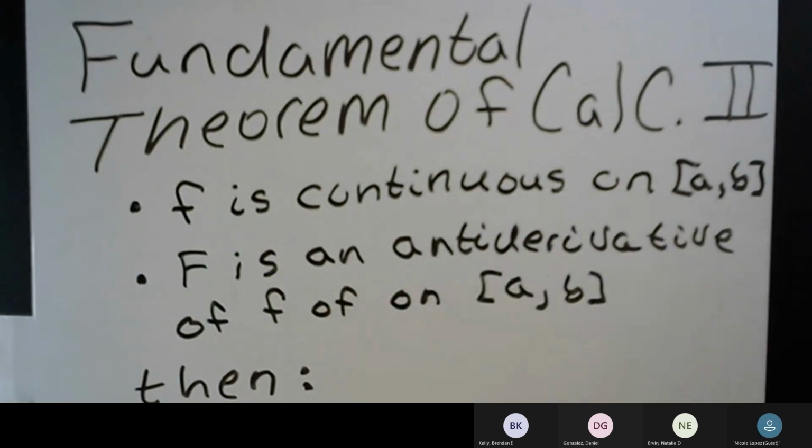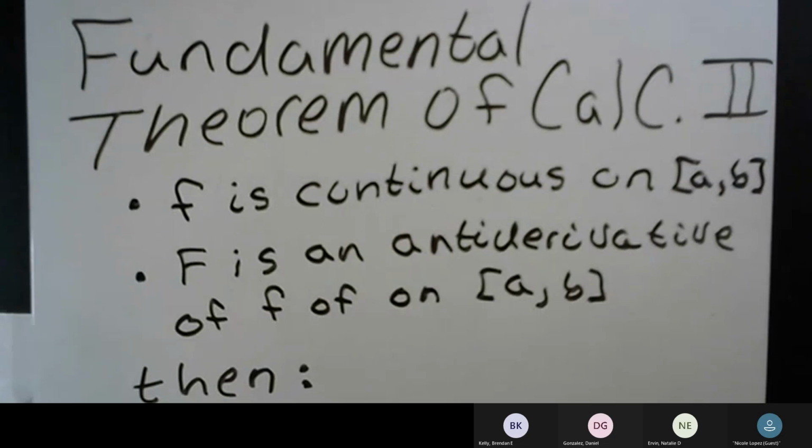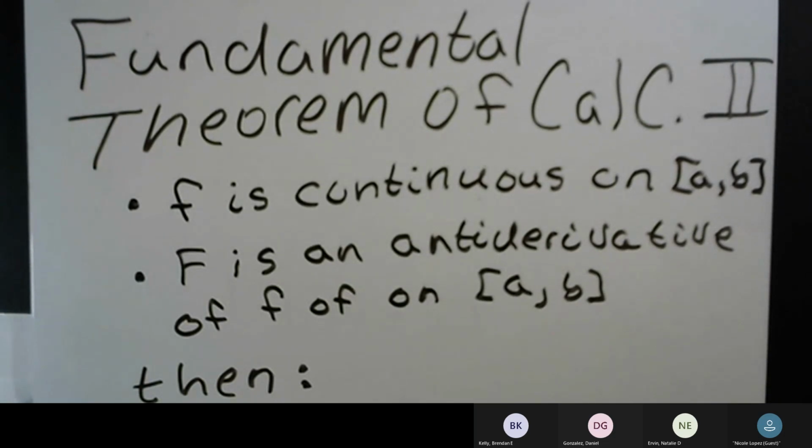If f is continuous on AB, and capital F is the antiderivative, then the definite integral of f of x, the area between f of x and the x-axis on AB, is going to be this.